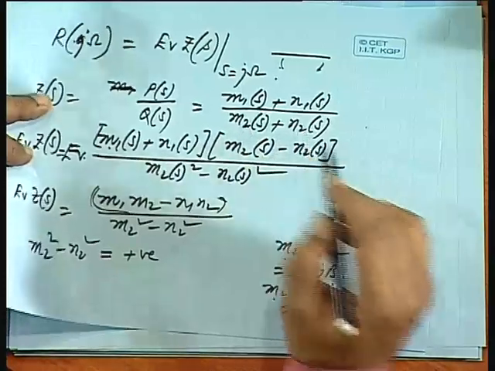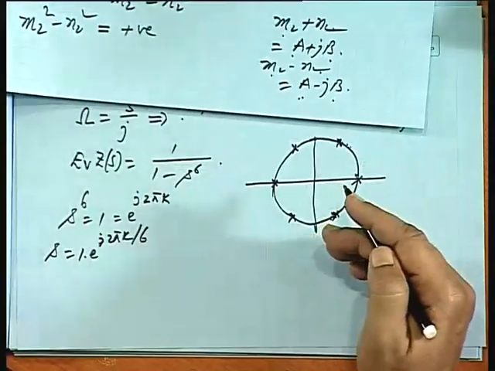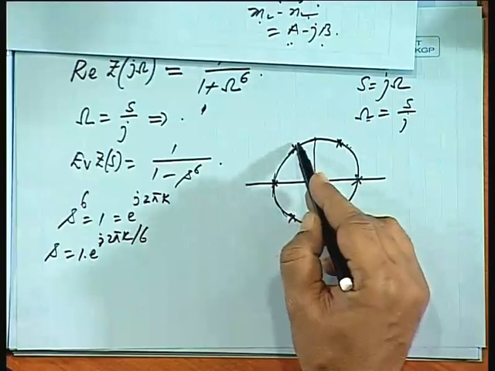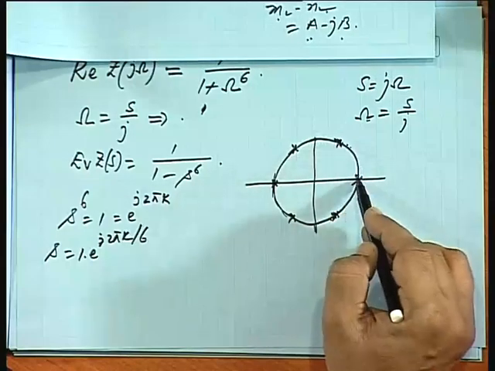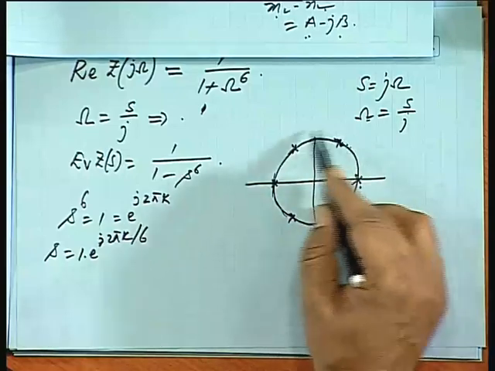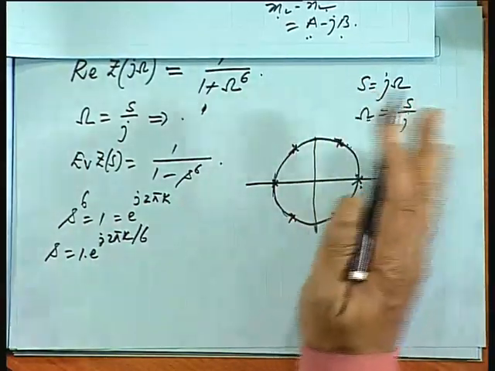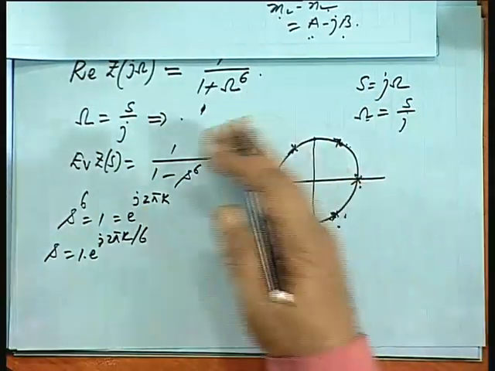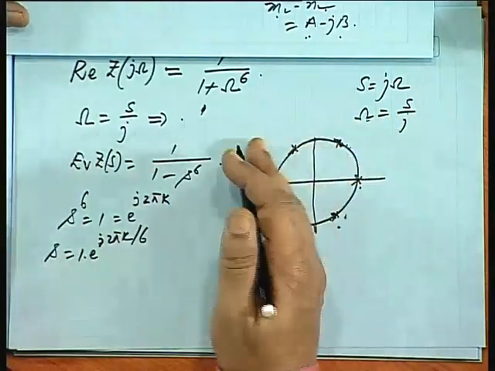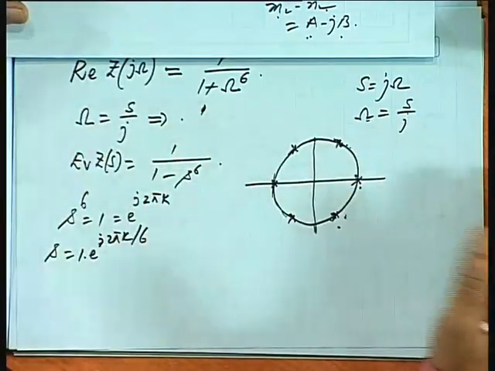If M2 plus N2 is to correspond to the set of stable roots, then that must correspond to these 3 roots, and M2 minus N2 will be giving you the mirror images. So, once you have calculated all the roots, take away only the left half plane roots, right half plane roots are just the mirror images. Okay. So, taking the left half plane roots, you can form the polynomial.